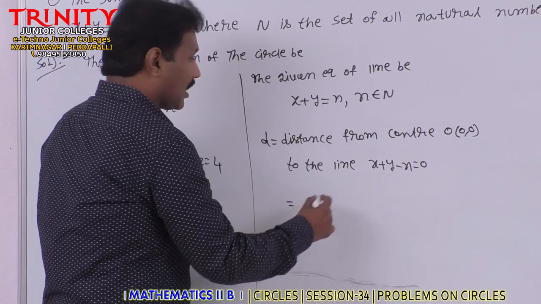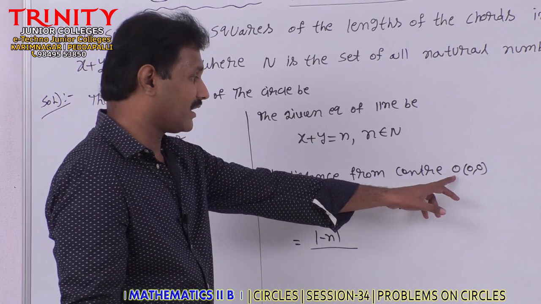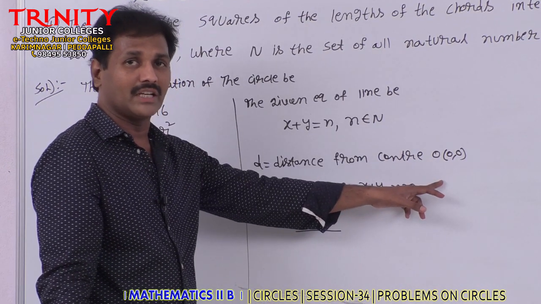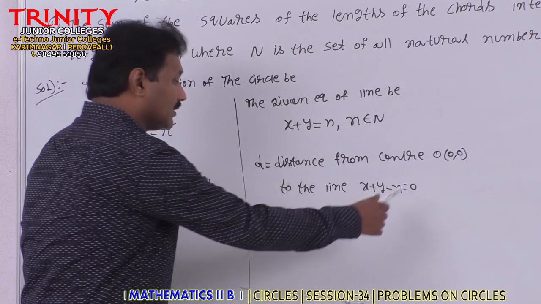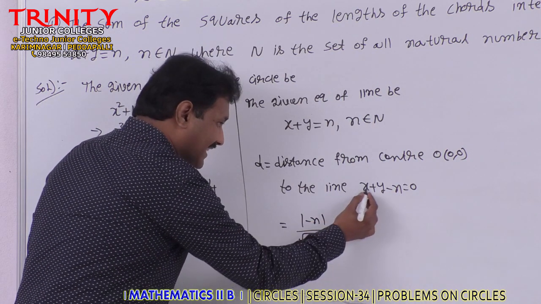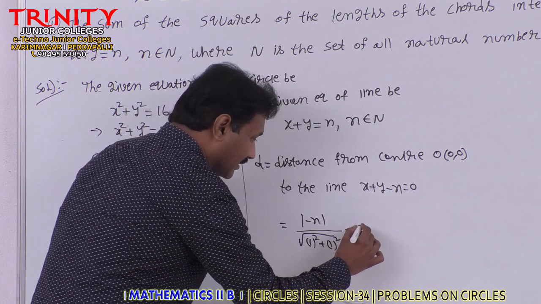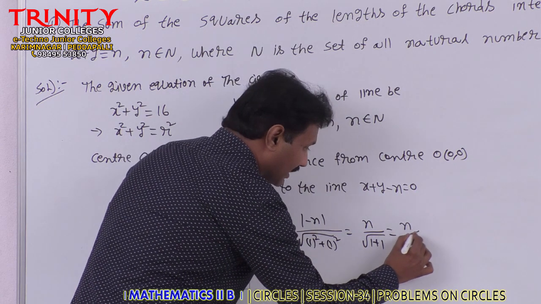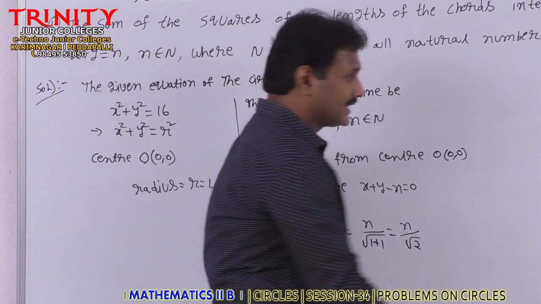We know that the perpendicular distance from the origin to the line ax plus by plus c equal to 0 is mod c by square root of a square plus b square. Therefore, that is modulus of minus n by square root of 1 square plus 1 square, that equals n by root of 1 plus 1, that equals n by root 2.